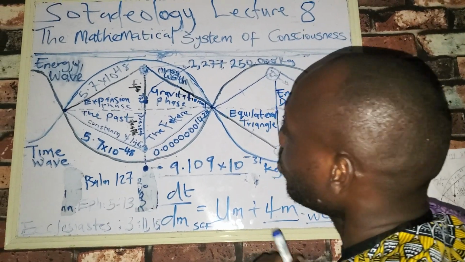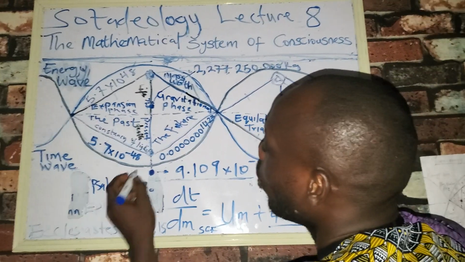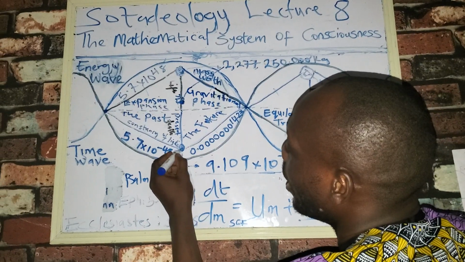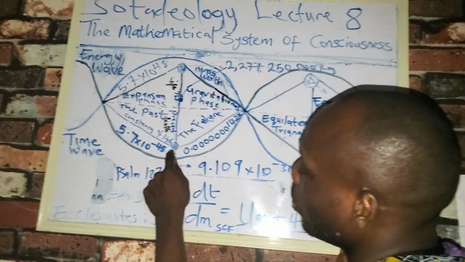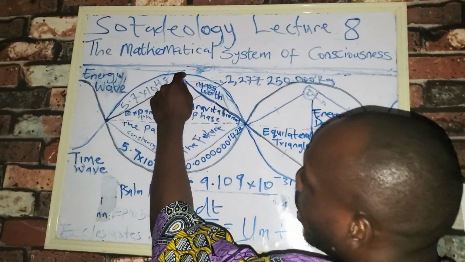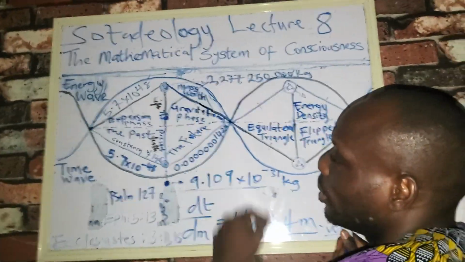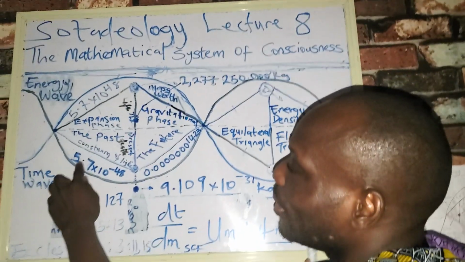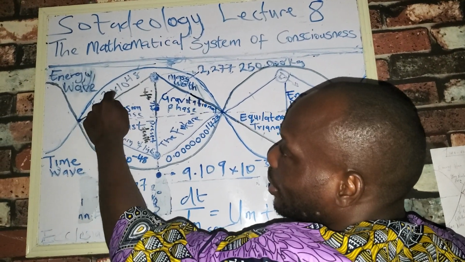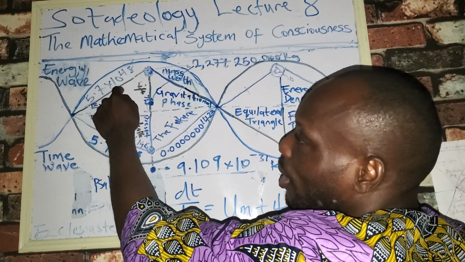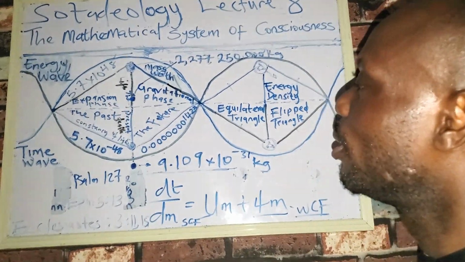So now, we have another energy density right here. This is the quantum suspension point. This is the classical suspension point. Now, this is the constancy of light speed, and this is the constancy of gravitational speed.